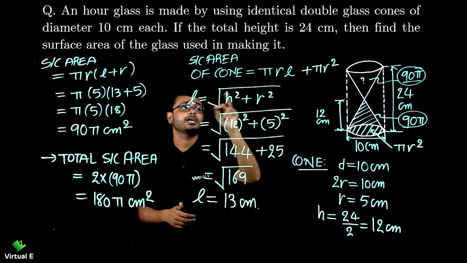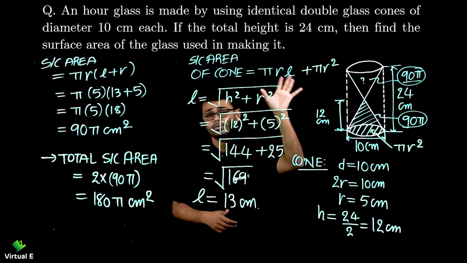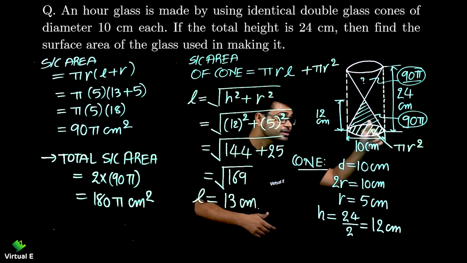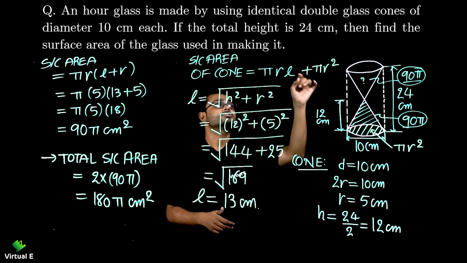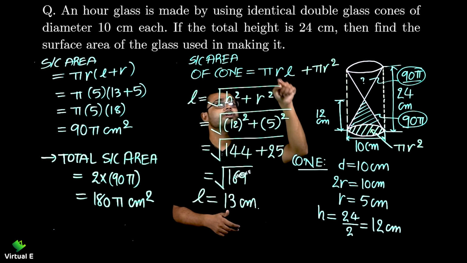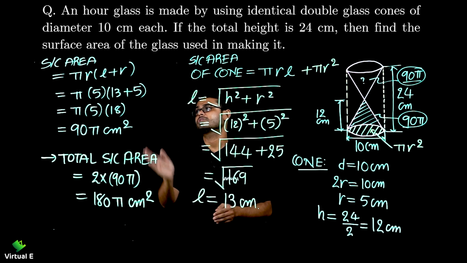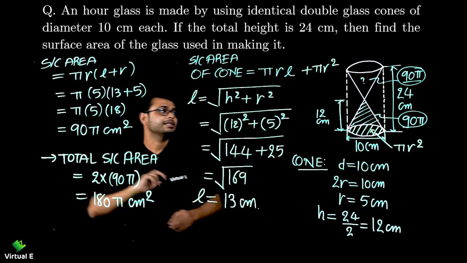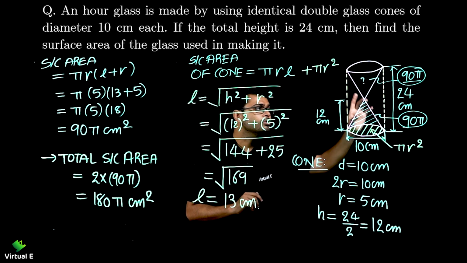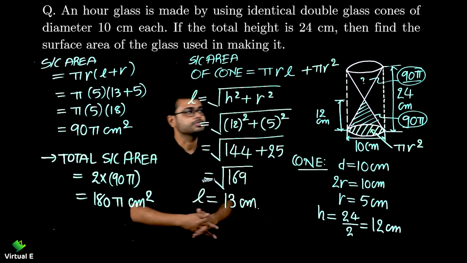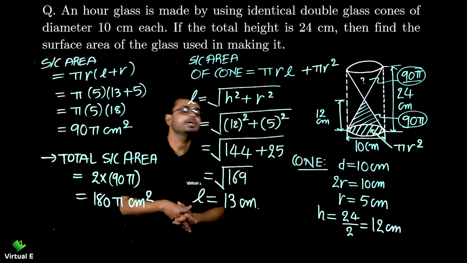Then the surface area of the cone, pi r l. Don't take only pi r l, but consider the area of the base as well, which is pi r square. We don't have the value of l, so get it with the help of the formula, then substitute the values. Remember, we need the surface area of two cones, so multiply by 2. This is how we find the surface area of the hourglass.